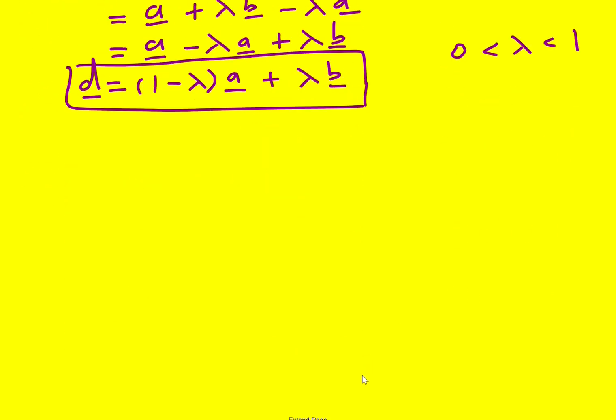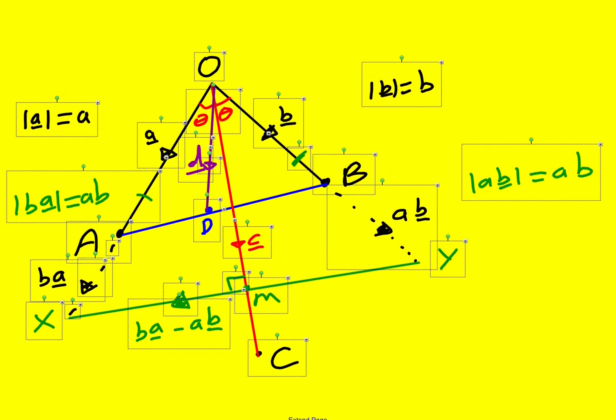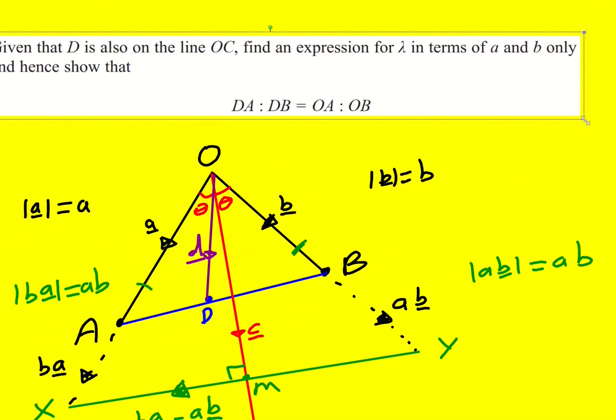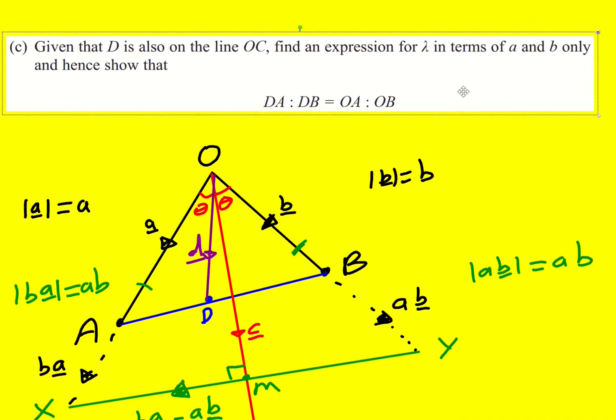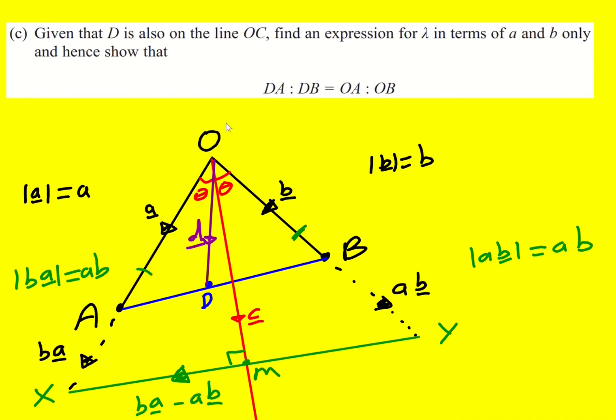This just leaves us with the final part of the question. I'm going to, first of all, redraw the diagram here and substitute the question in. Okay, so I've got to remember what we've actually done so far, but we're now given that D is on the line OC as well.